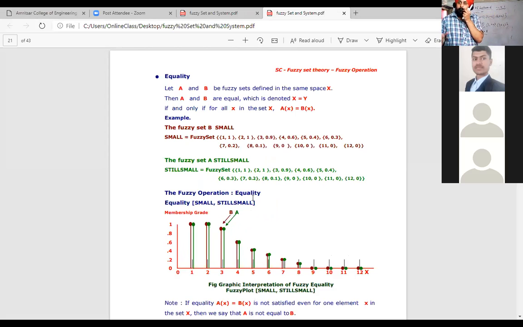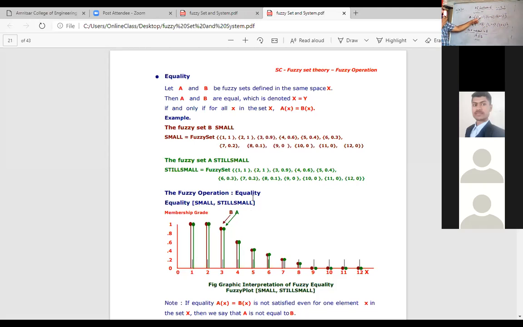Equality is when the degree of membership is the same. Come to the whiteboard. So if I say A, the degree of membership is 0.3, here also it is 0.3. Here it is 0.4, here it is also 0.4. Here it is 0.1, here it is also 0.1. Now these two fuzzy sets are equal because the degree of membership of all the elements are equal.